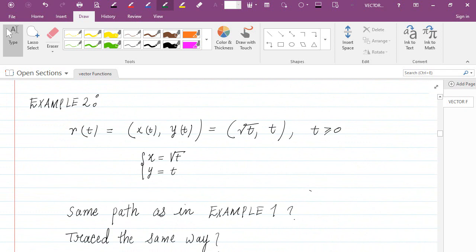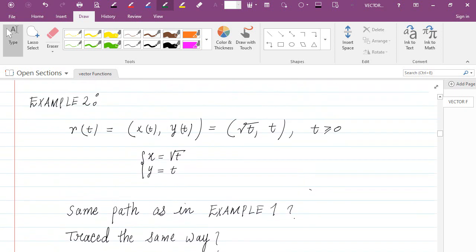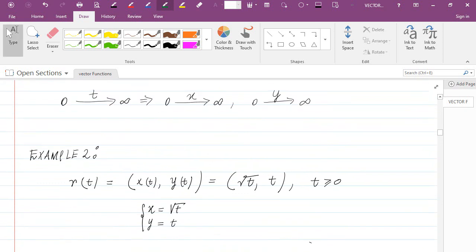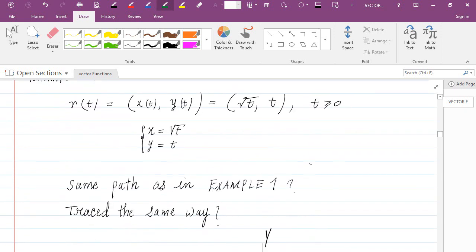So they have different position functions, but they have the same exact path. They are moving along the same path. Of course, what is different about them, as you'll see later, is that because their position functions are different, they will have different velocity and acceleration vectors.